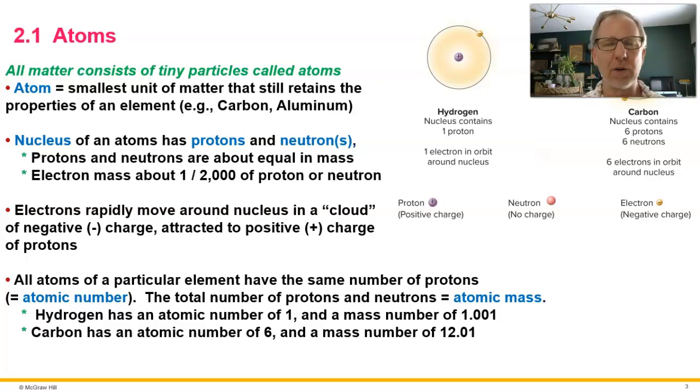And we leave out the number of electrons because they are so tiny, so minuscule, 1/2000th of the others, we leave them out of that calculation. So that's the difference between atomic number, the number of protons, which defines the elements, and atomic mass, protons and neutrons, the total amount of substance in an atom.